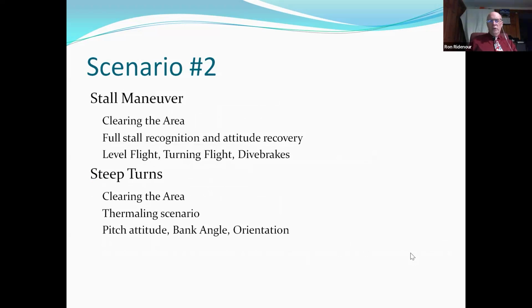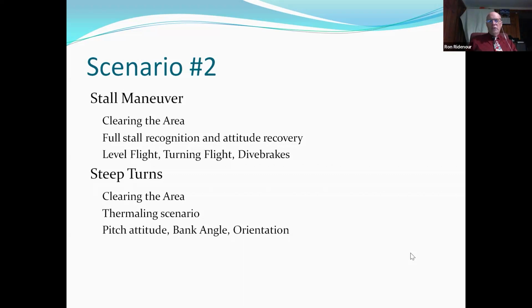That's not true in the PTS because in general, the area clearing is done in the preface of the PTS, which says you should clear the area before maneuvers as a generic statement. But in the ACS, they made it less generic and more of a dutiful obligation that you have to clear the area. So stall maneuver, always clear the area.